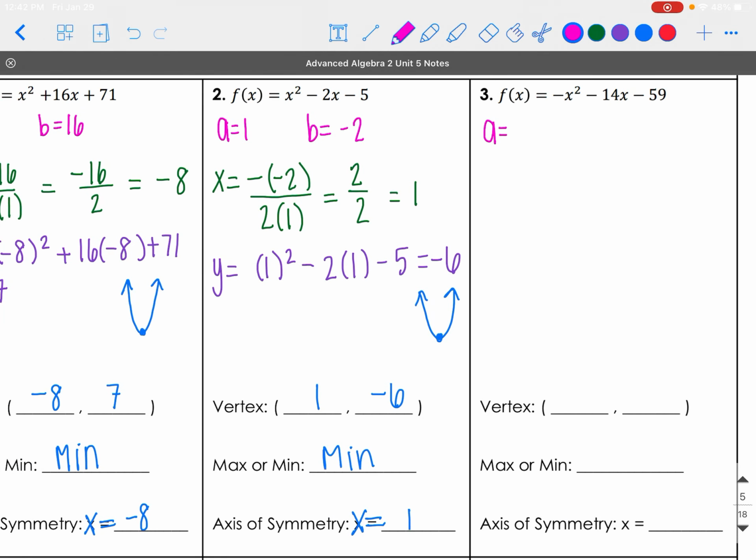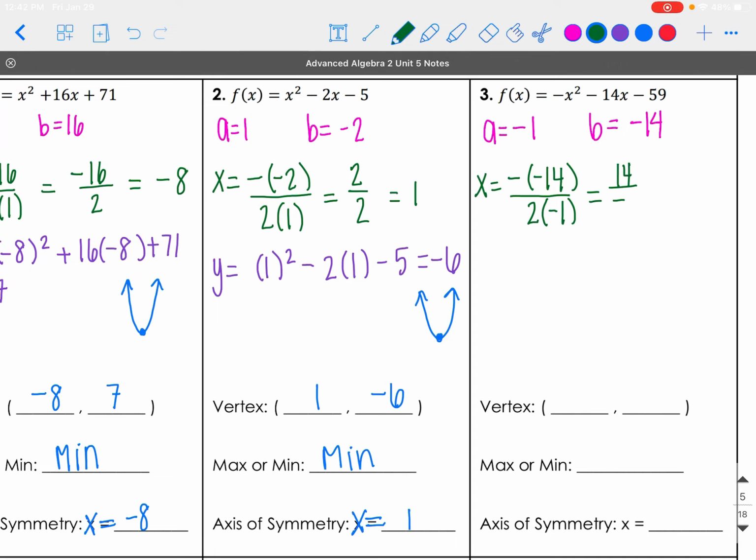Number 3. The a value is negative 1. The b is negative 14. So the x value of the vertex, negative b, so negative negative 14 over 2a, 2 times negative 1.